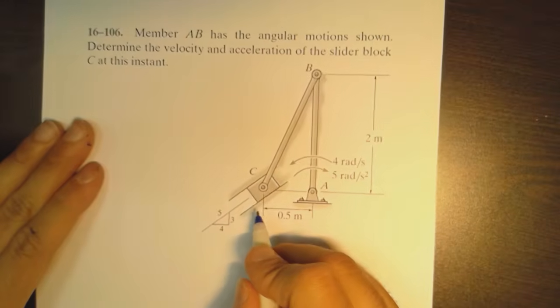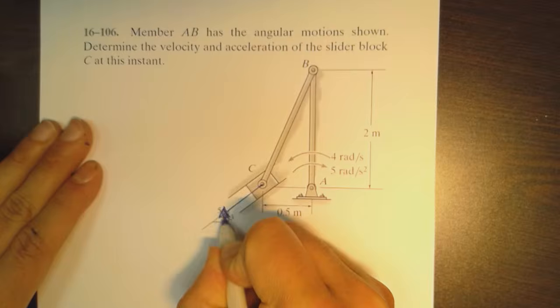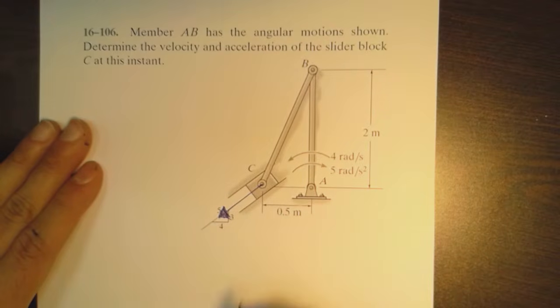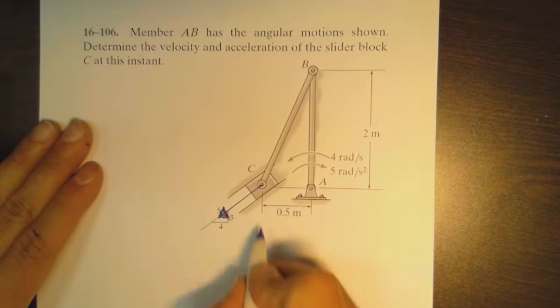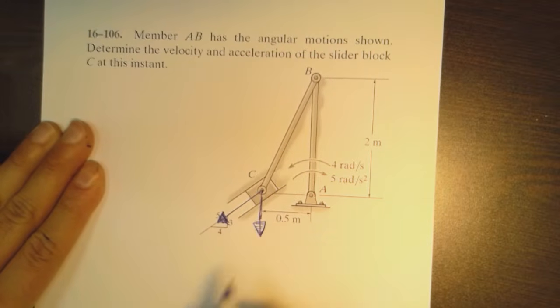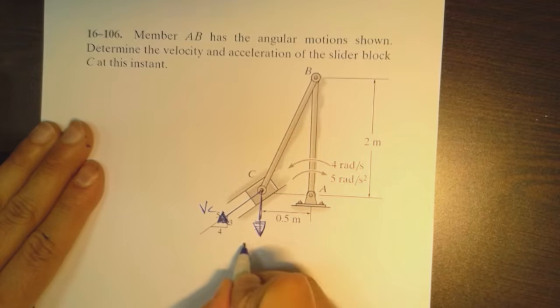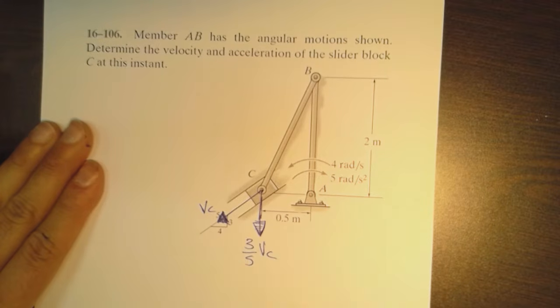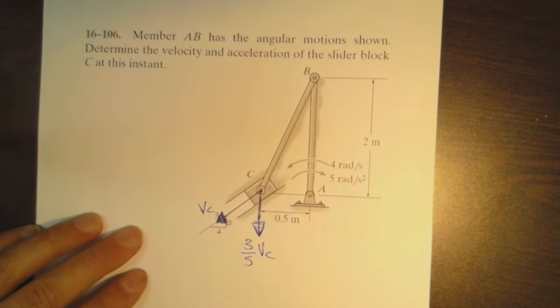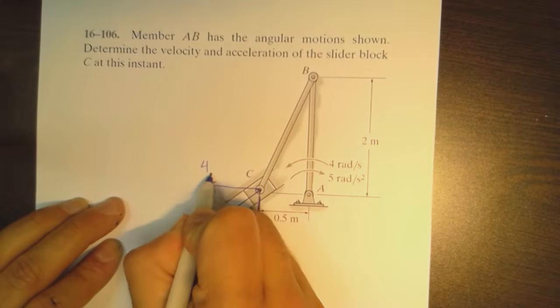Primarily it is going in that direction, okay? And it has two components. The first component, which is going down, is in the direction of VC, no problem, and this component is equal to 3 over 5 VC, and this component is equal to 4 over 5 VC.